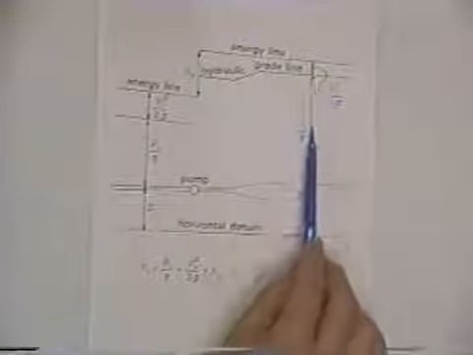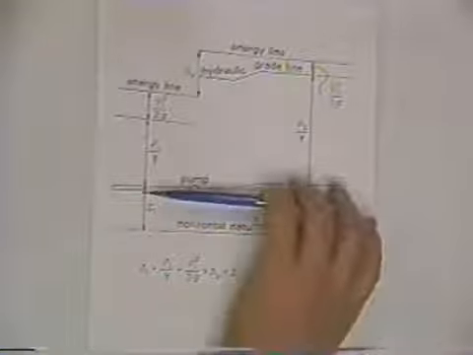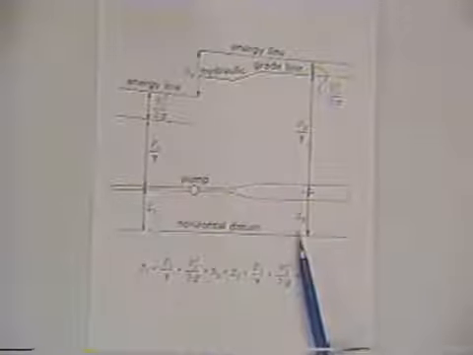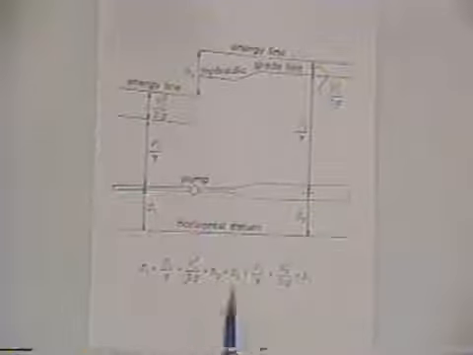As we decrease the velocity head, we increase the pressure head. And if we were to change an elevation so that we dropped an elevation head, of course that would increase the pressure head as well. So the point is there's a trade-off between the different forms of energy in the energy equation.